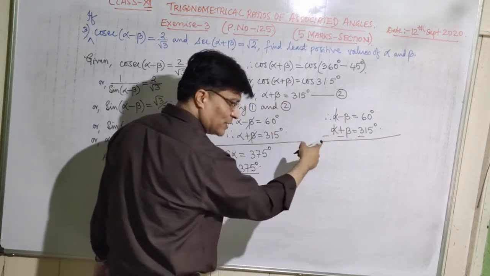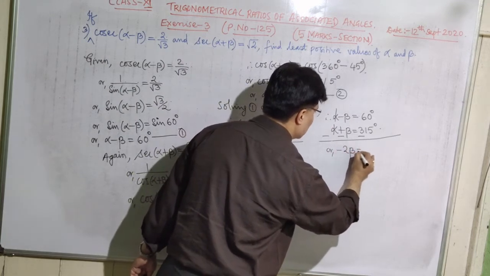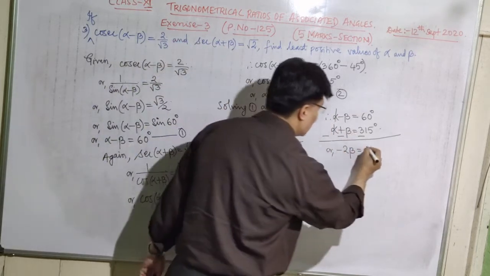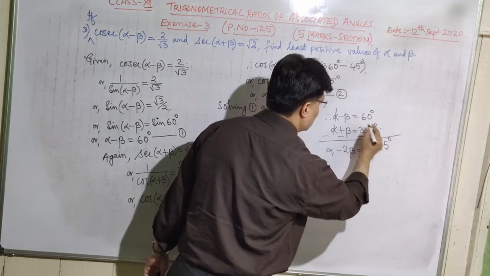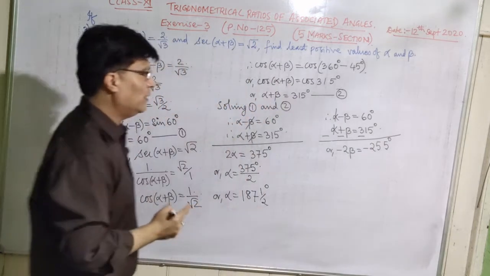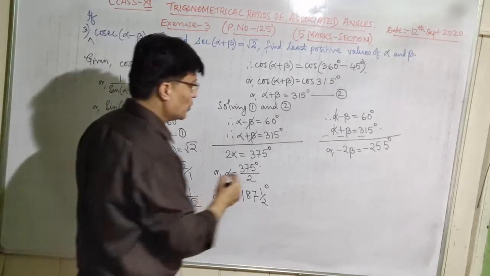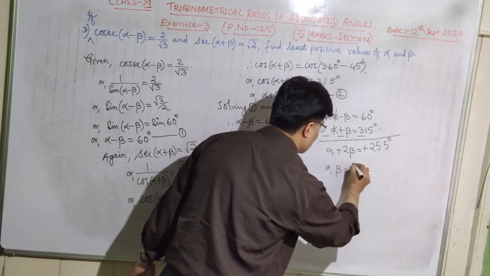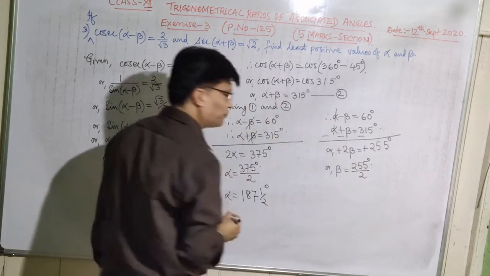What is minus beta minus beta? Same sign, add them. So it is minus 2 beta is equal to, let us subtract it, plus 60 minus 315 degree. 5 minus 0 is 5, 11 minus 6 is 5, and that is 2, and this is a negative sign. So from both the sides minus minus gets cancelled, or beta is equal to 255 degree divided by 2.